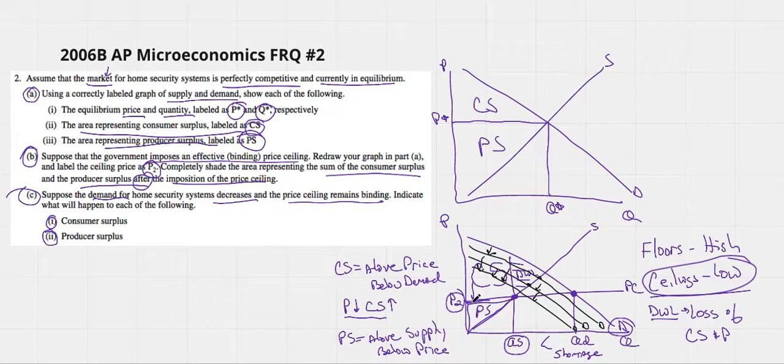But can we see that our producer surplus is not touched? As long as that demand curve is higher than equilibrium, and it has to be to have a binding price ceiling, then producer surplus won't change. So we keep getting smaller and smaller amounts of consumer surplus, but producer surplus is not affected. So we would just say consumer surplus decreases, producer surplus is no change.